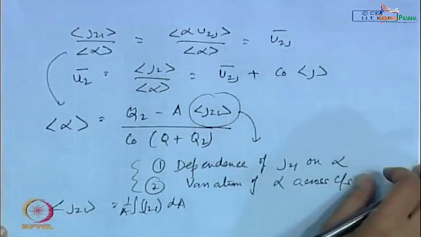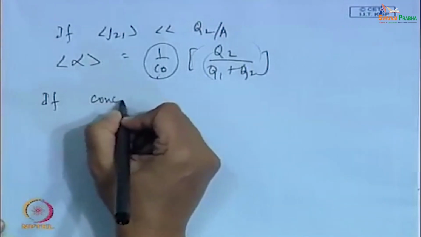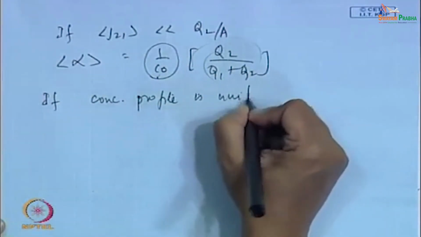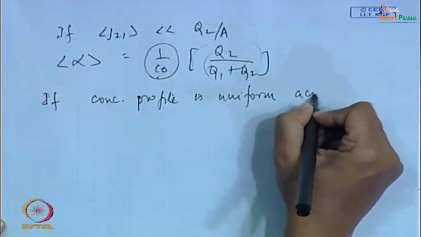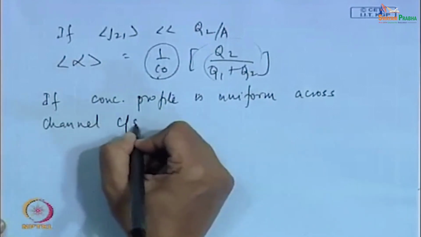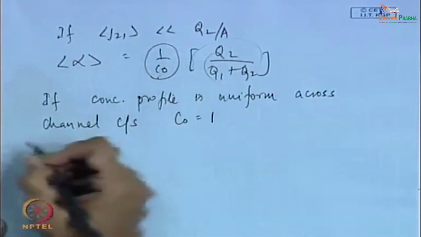So, this is the thing which I would like you to know, that if the concentration profile is uniform across the channel cross section, C0 equals 1.